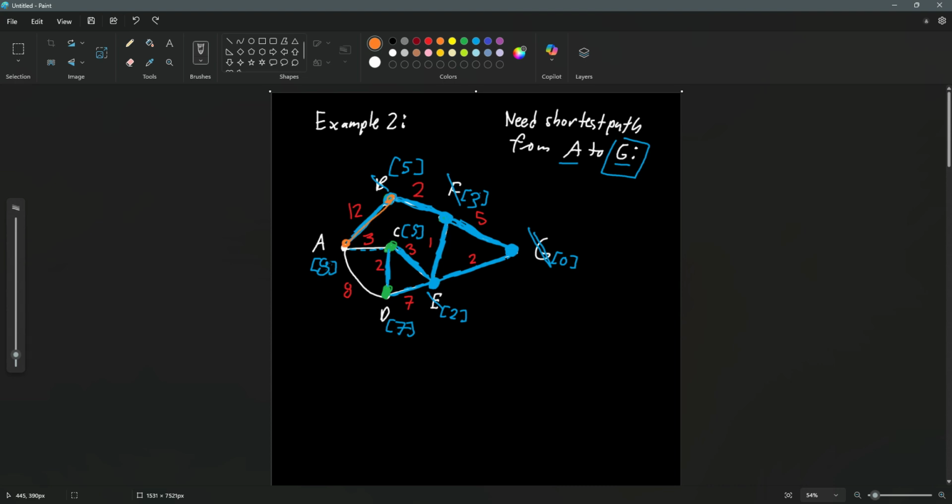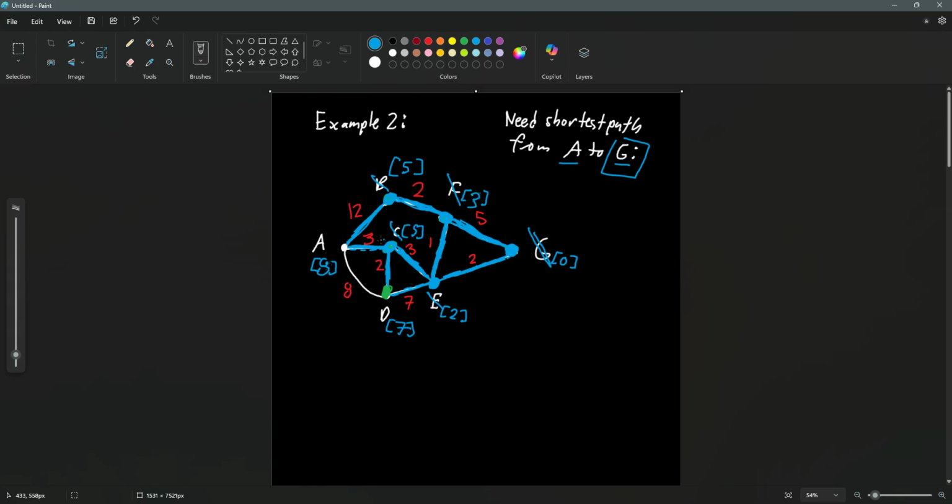We're asking if this path is faster to G, or if this path is faster. In this case, the second one I drew right here in orange is faster. So we're going to mark this edge, and look here, all the edges attached to C are marked in blue, so we're going to circle it in, cross it out, and call it visited.